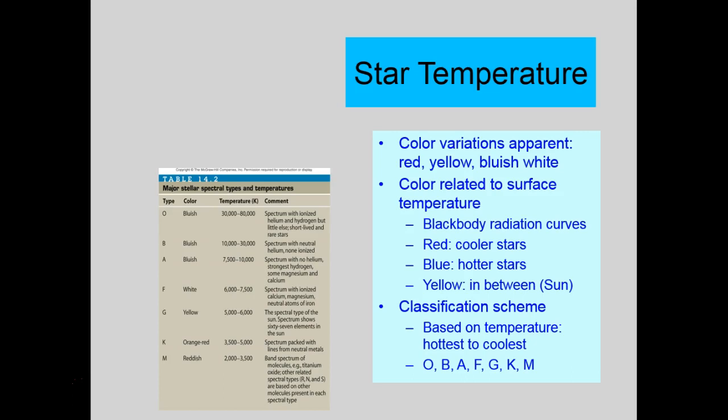And the M are the reddish stars, 2,000 to 3,500 K, band spectra of molecules, not just atoms. Now you get molecules, titanium oxide, other related spectral types based on molecules present in the spectrum. Don't need to know all this, but just get an idea. Up here is all ions, even on the surface. It's all plasma. Down here you actually get molecules.